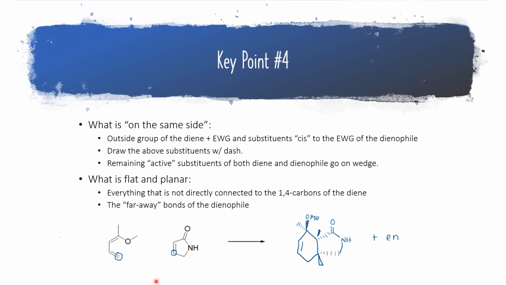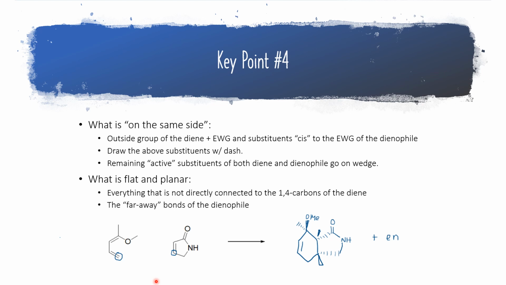Key point number 4. When drawing this, you have to notice what is on the same side. What's considered on the same side of the product is the outside group of the diene, and the electron withdrawing groups and substituents that are cis to the electron withdrawing group of the dienophile.